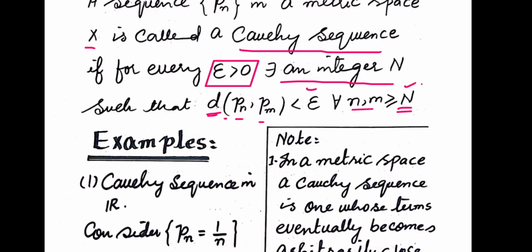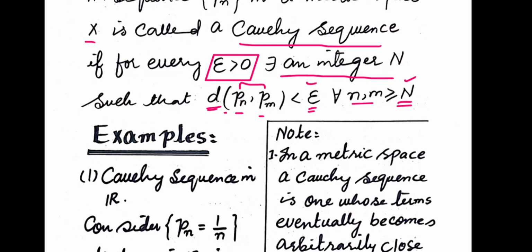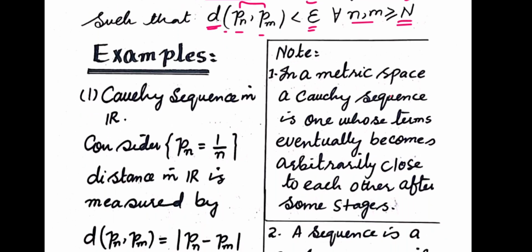After some stages, this definition holds. The distance between any two terms of this sequence becomes less than epsilon. Alternatively, you can define a Cauchy sequence as, in a metric space, a Cauchy sequence is one whose terms eventually become arbitrarily close to each other after some stages.